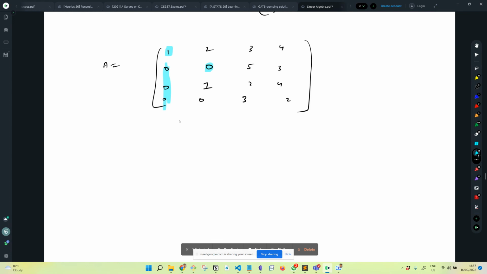Now here, can you make this entry 1? While making this entry 1, you should not disturb the other entries that you have already attended. Yeah, what can you do? R2 plus R3. Yes, you can do this, but rather let me suggest a simpler operation. Can I permute A? A is in the order, let's say 1, 2, 3, 4, right?